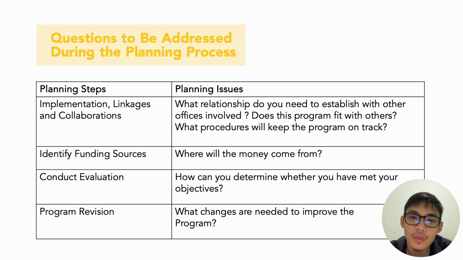Does this program fit with other programs that are existing in our school? Because maybe there are times when we implement a program on language proficiency, but other programs in other disciplines have already incorporated language proficiency. What procedures will keep the program on track? How do we make sure that our collaborations with other offices will continue in the succeeding implementation of the program?